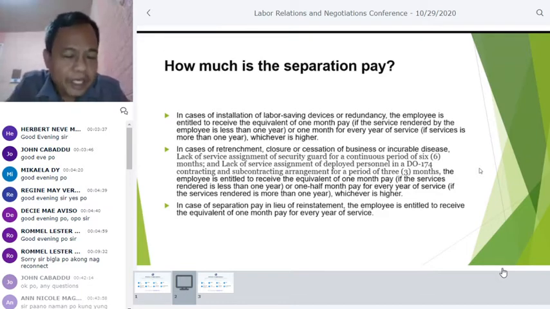Dahil ang sabi ng court, tama si employee. So therefore, tingin na lang siya ng separation pay, which is ito nga, equivalent to 1 month pay, or kapag less than 1 year, kung more than 1 year, 1 month pay for every year of service.